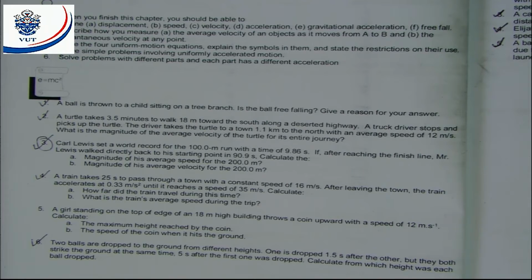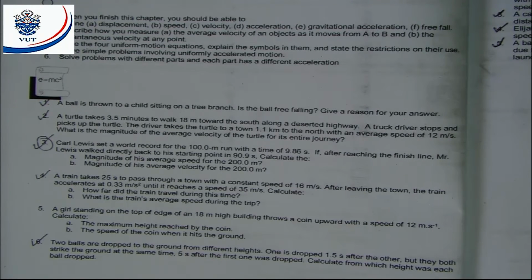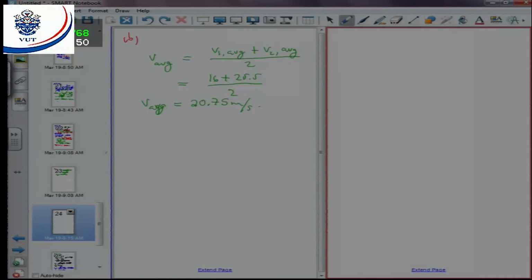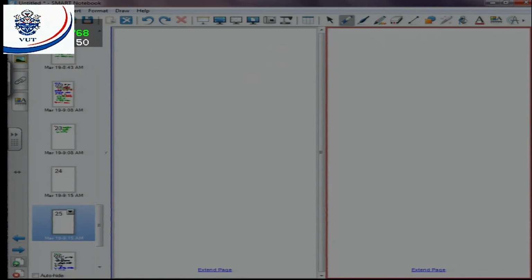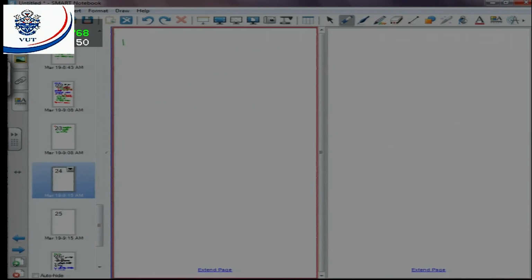Okay, so let's just open a new page. So what we want to do is to realize, so we are looking at page 41, number 3. Okay, so what we have here is we have a runner, Carl Lewis. He covers 100 meters, so the distance here is 100 meters.